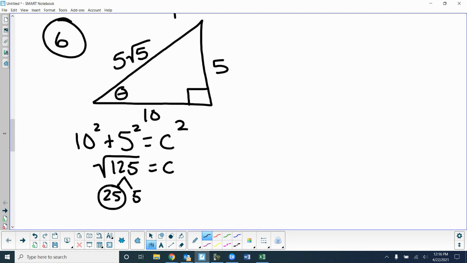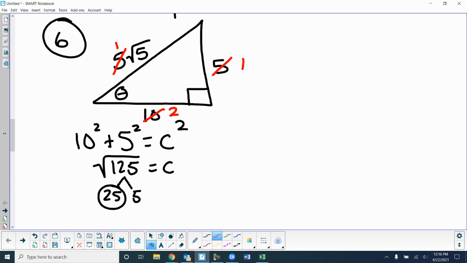What is it? 5. So instead of writing my fractions and then reducing, I'm going to reduce these sides by 5. Okay? So I'll make this 5 a 1, this 10 a 2, and this 5 a 1. That way, when I write my fractions, they'll be in lowest terms. Does that make sense, what I'm talking about?